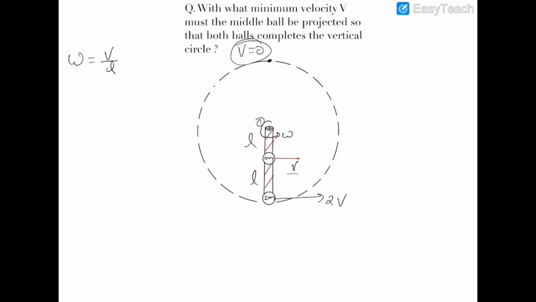So for this ball of mass 2m, its velocity v dash will be equal to 2L omega, and omega is v by L, so it will be equal to 2v.